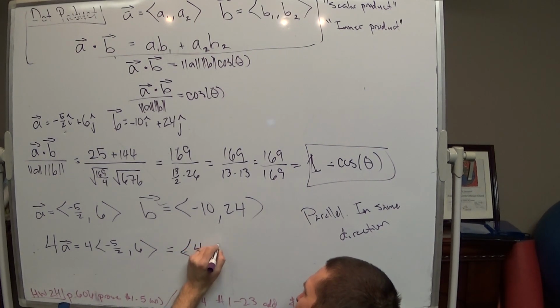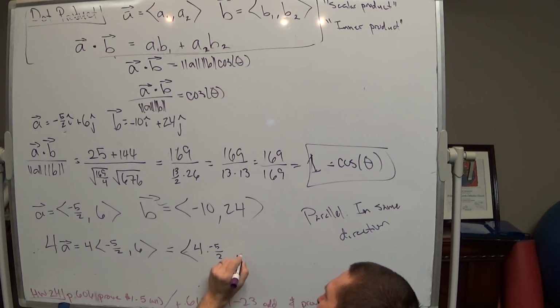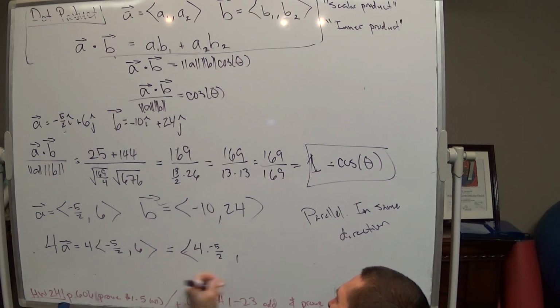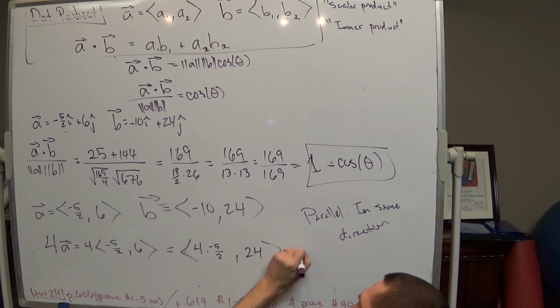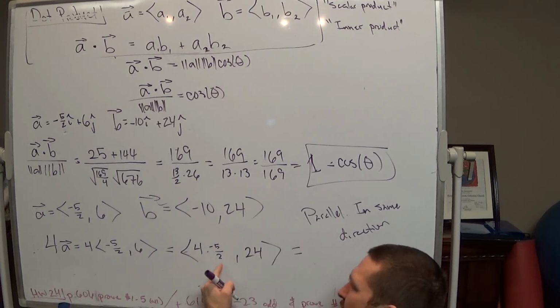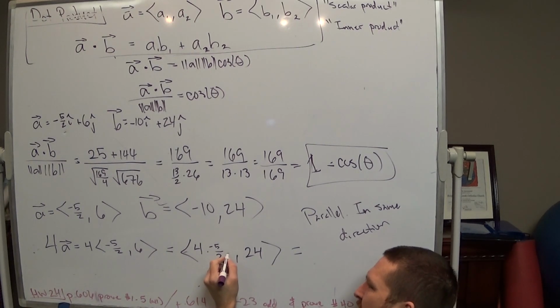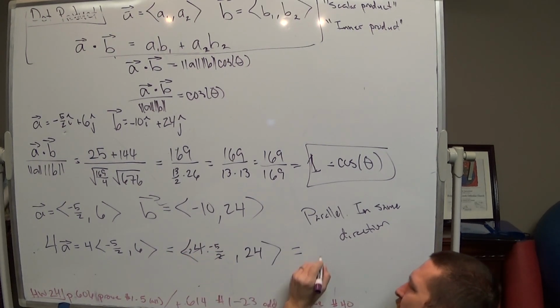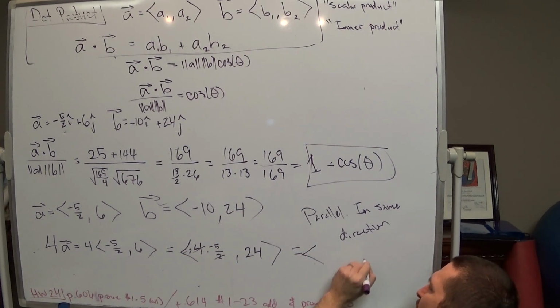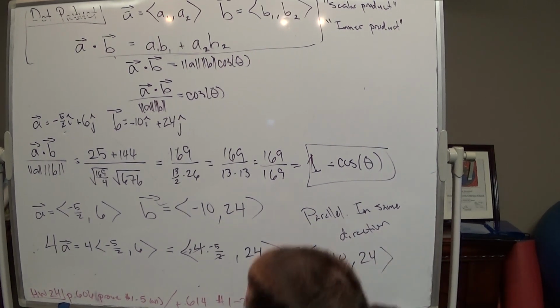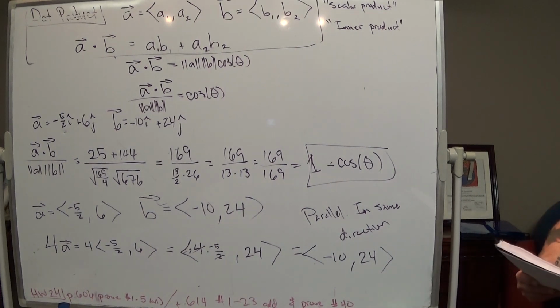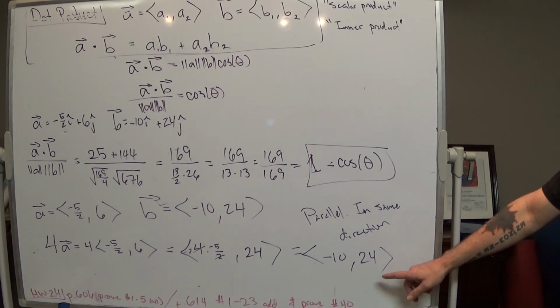What's 4 times 6? 24. 4 divided by 2 is 2. So it's just 2 times negative 5. They're just multiples, and it's in the same direction, obviously.